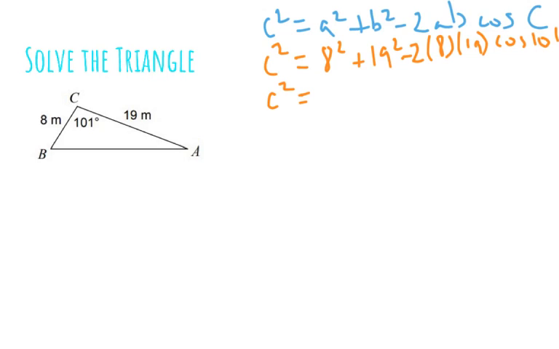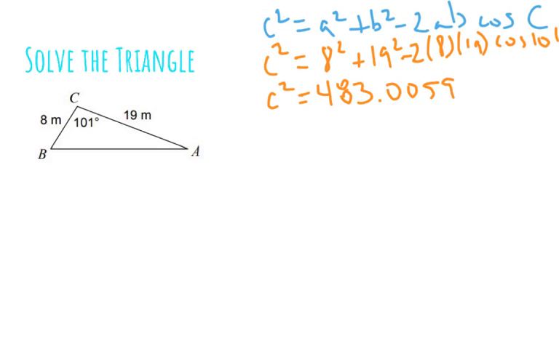Times cosine of 101. I come up with C squared is 483.0059. I'm just writing this on the screen to give you a visual, but when I go to the next step to find C and take the square root of both sides, I'm not going to put in the square root of what I have on the screen.